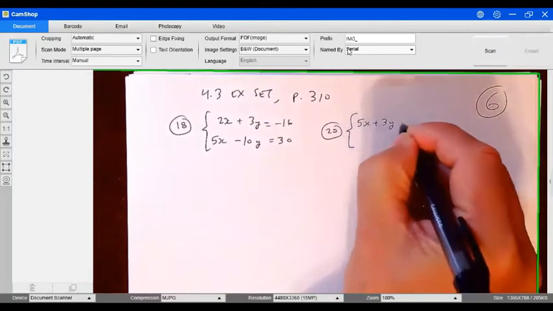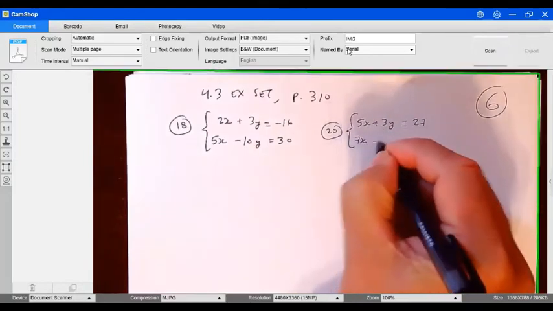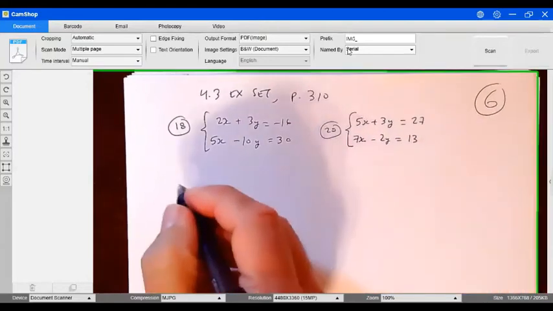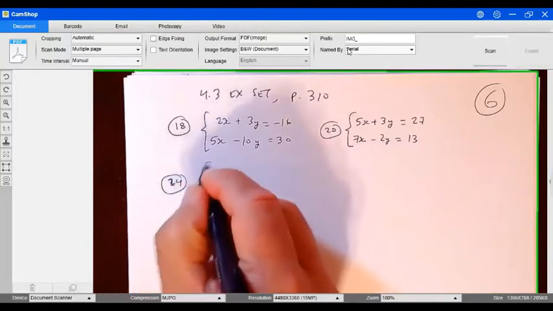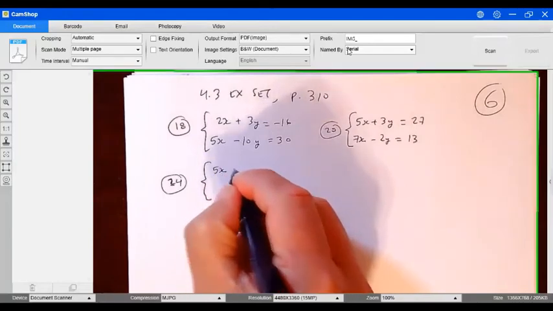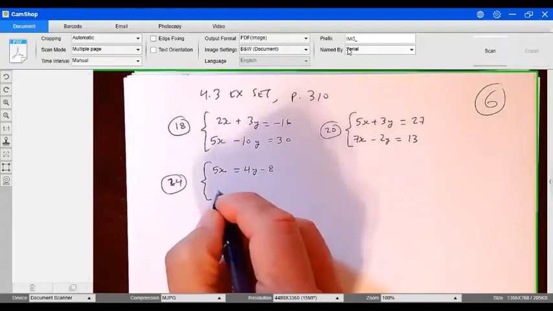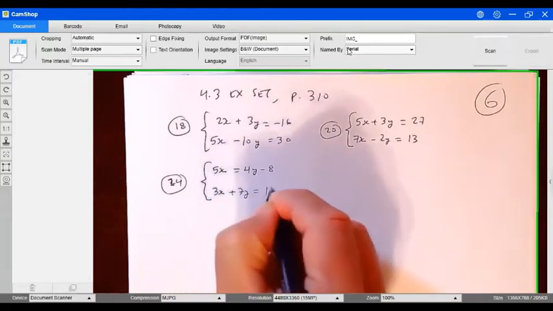5x plus 3y equals 27, 7x minus 2y equals 13. Then we have problem 24, which is 5x equals 5y minus 8, and 3x plus 7y equals 14.